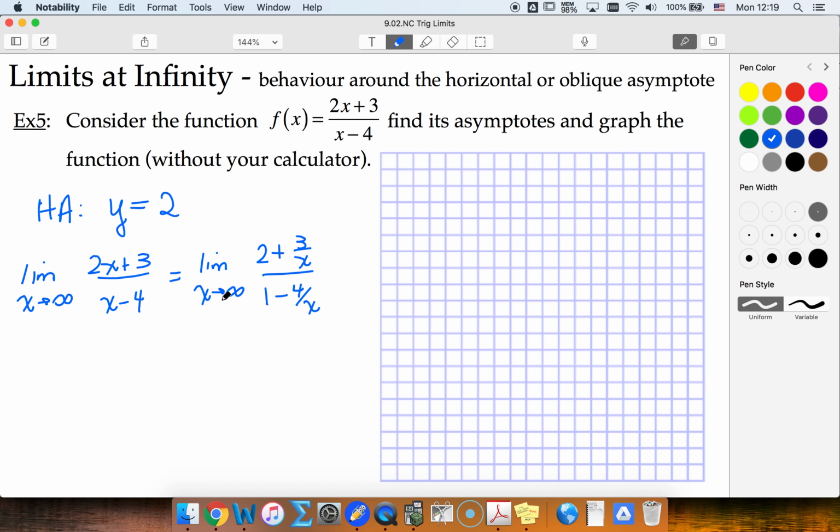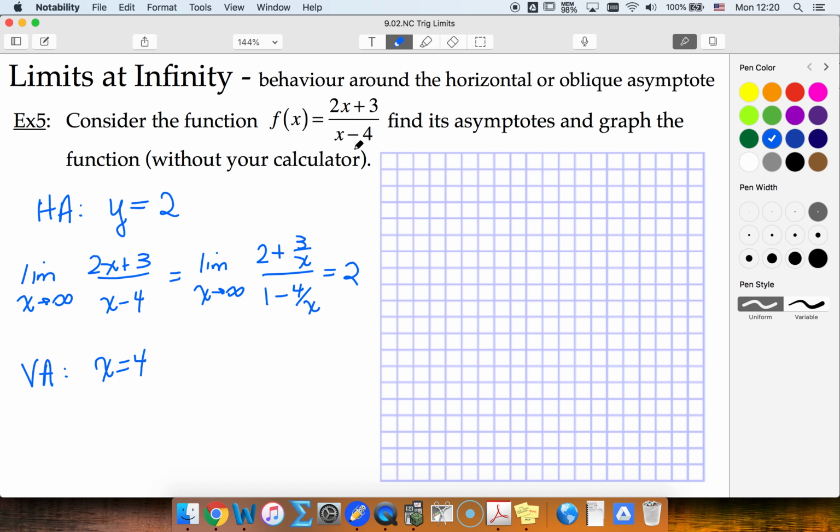And now as x goes to infinity, positive or negative infinity, these are going to go to 0, and I'm left with 2. So that's why my horizontal asymptote is y equals 2. I'm going to have a vertical asymptote at x equals 4, because that's where I divide by 0. So those are my asymptotes.